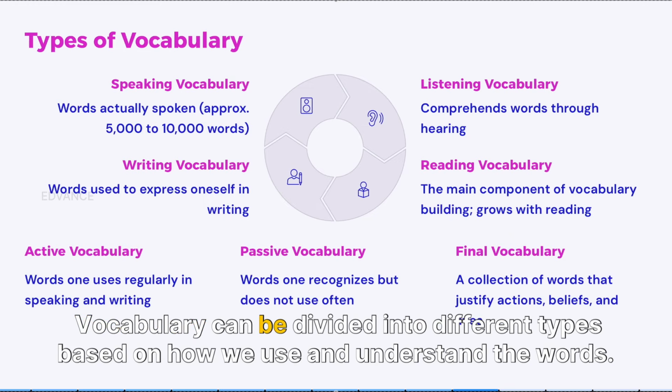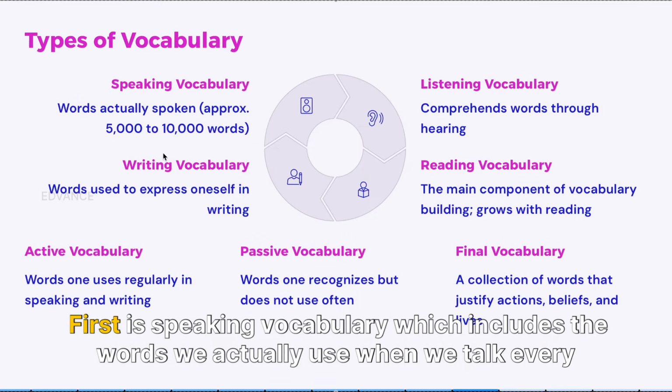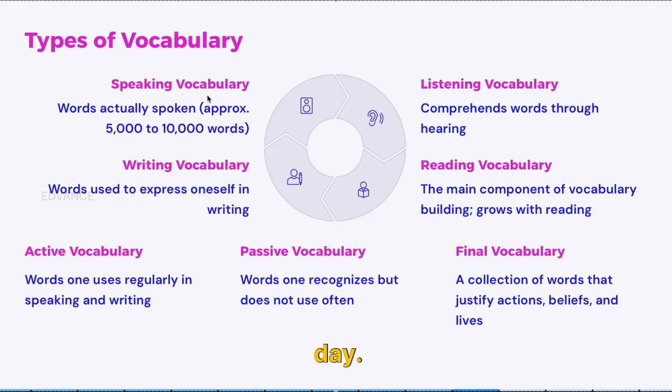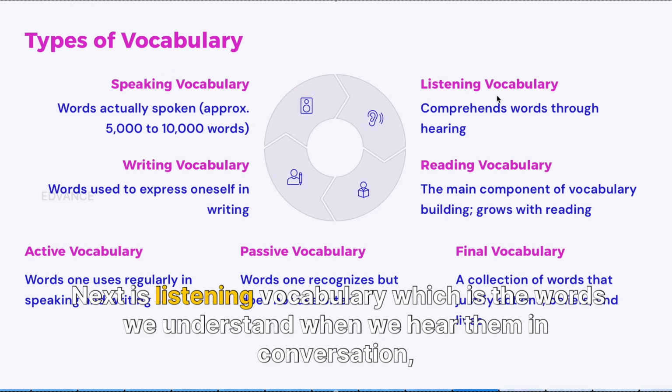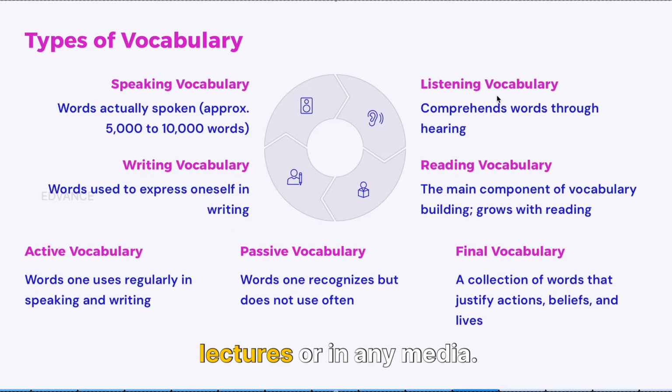Vocabulary can be divided into different types based on how we use and understand the words. First is speaking vocabulary, which includes the words we actually use when we talk every day. Next is listening vocabulary, which is the words we understand when we hear them in conversation, lectures, or in any media.